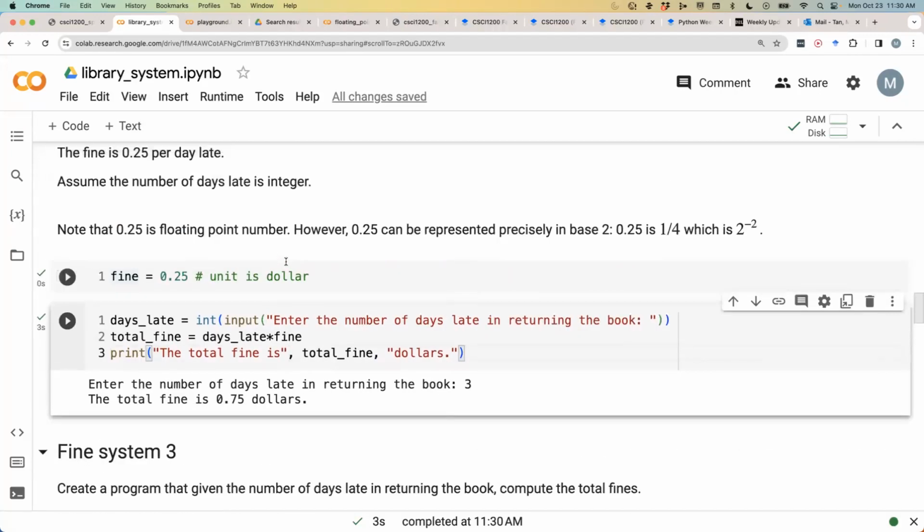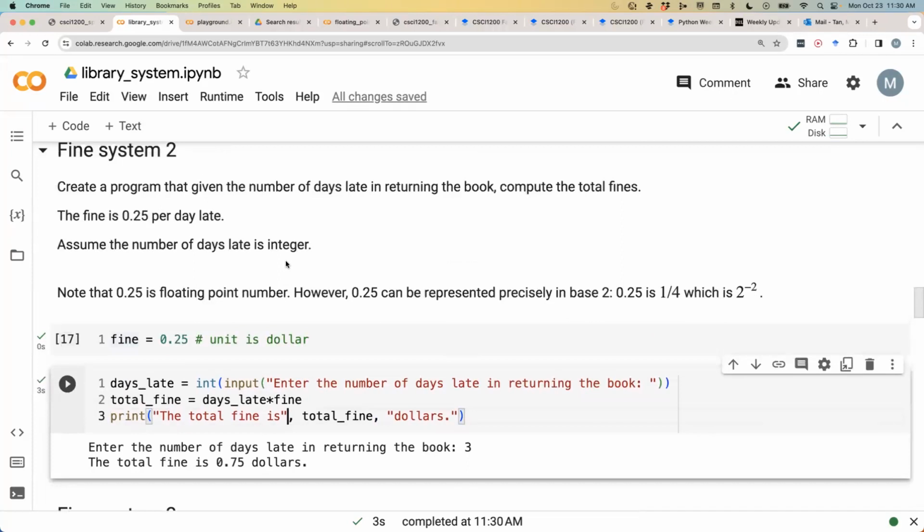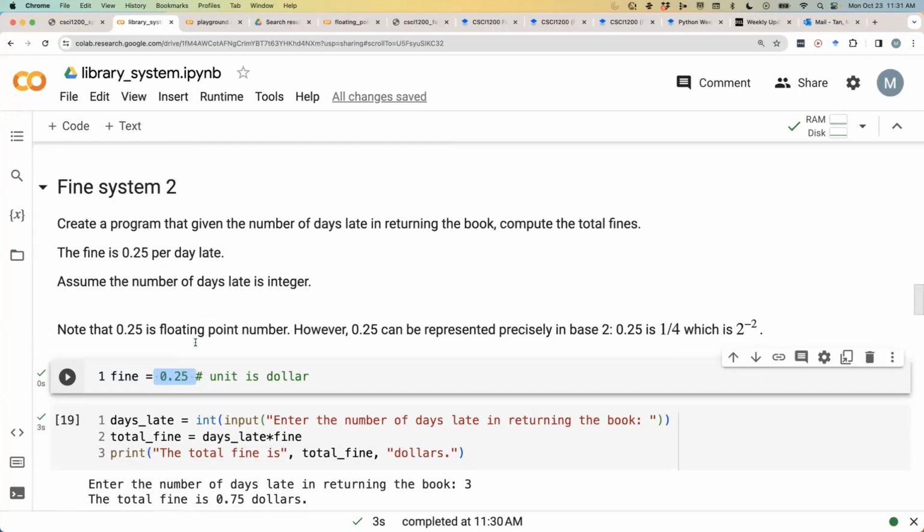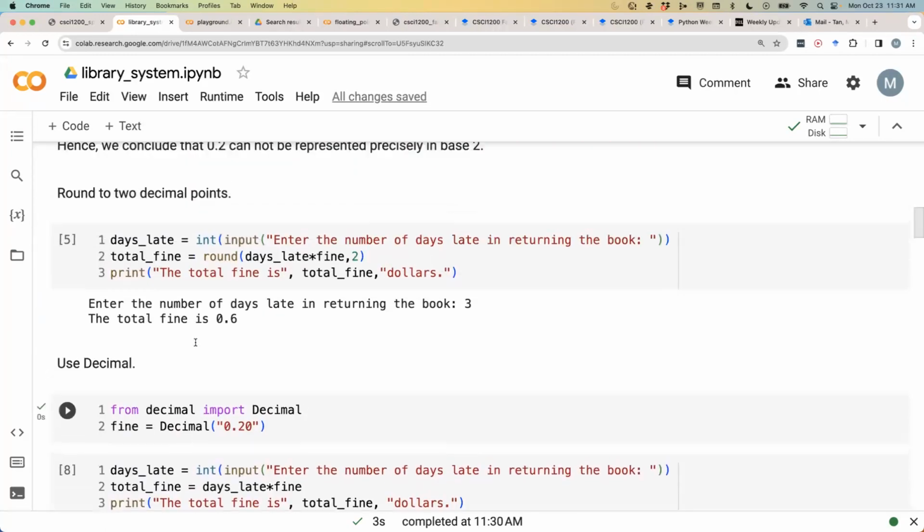Okay, so when you are asked to create a system in the future that involves numerical computations, floating point computations, the first thing you need to think is, how do we represent these floating point numbers? Will it give us rounding error? If not, we can represent it just as usual as a floating point number. If it is going to give us a floating point error for numbers such as 0.1 and 0.2, then we need an extra step.